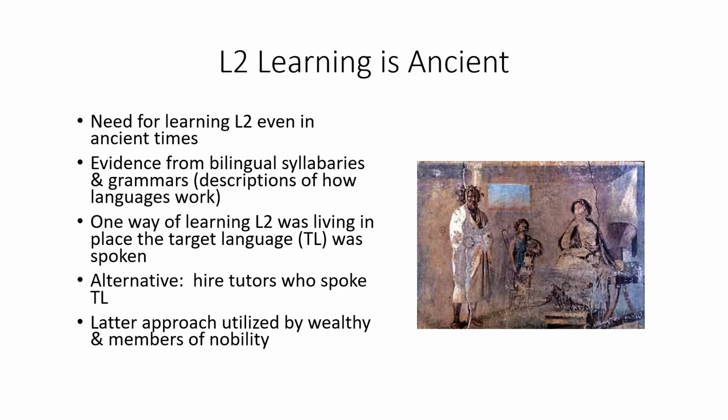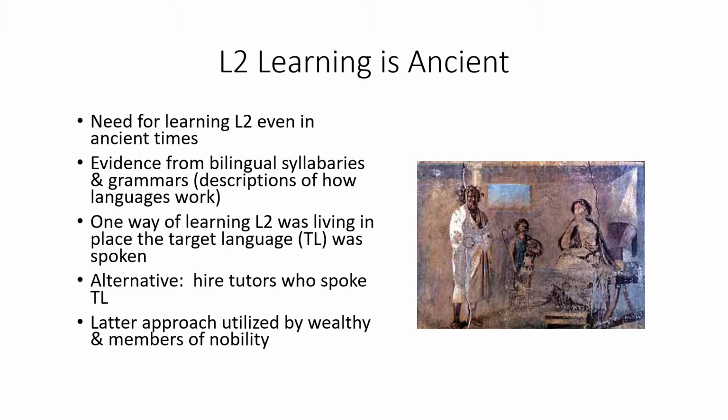You had to be able to find food and purchase items and ask directions, and a lot of this was done with gestures and trial and error, but eventually people would be able to acquire at least enough of the target language to get around and eventually to work and make a living there or to set up trade.